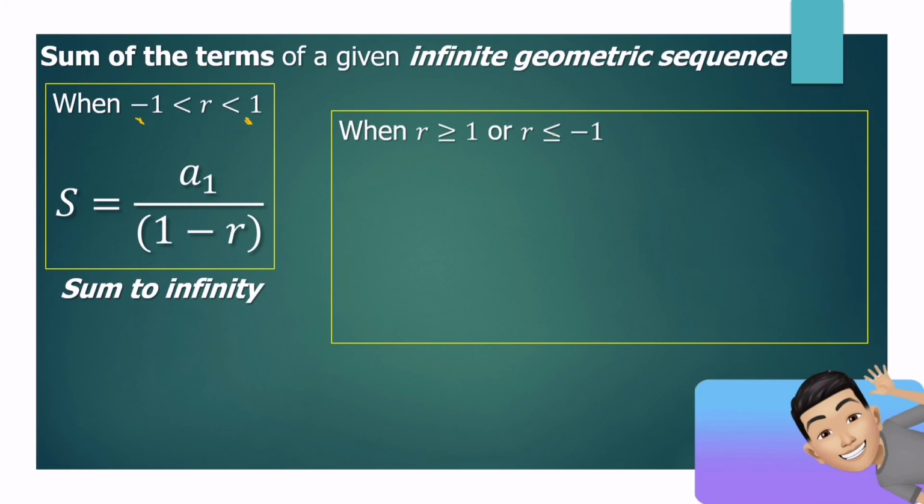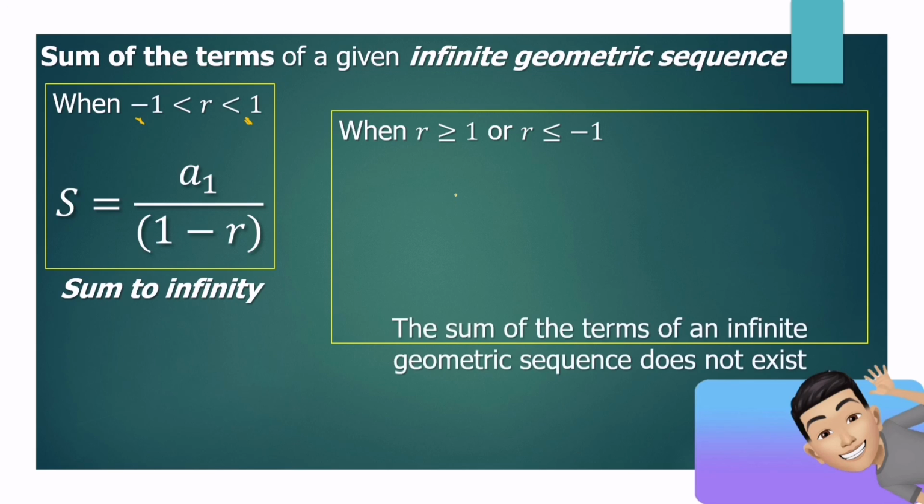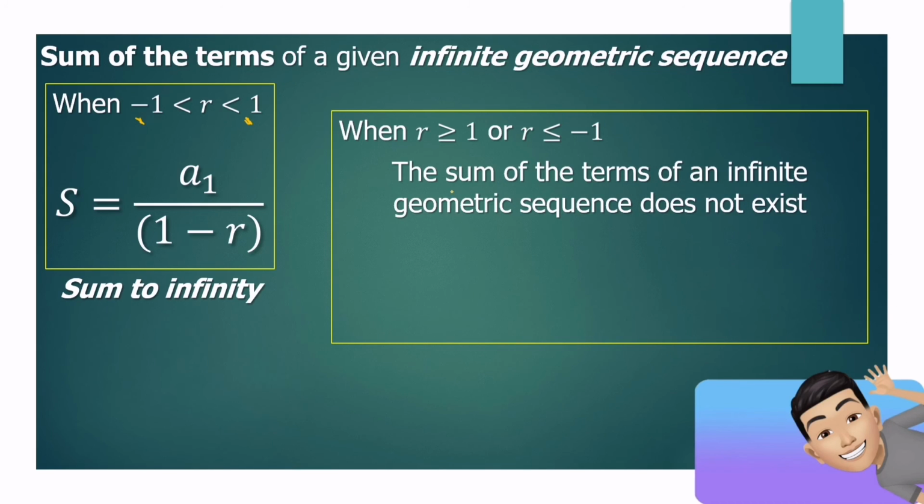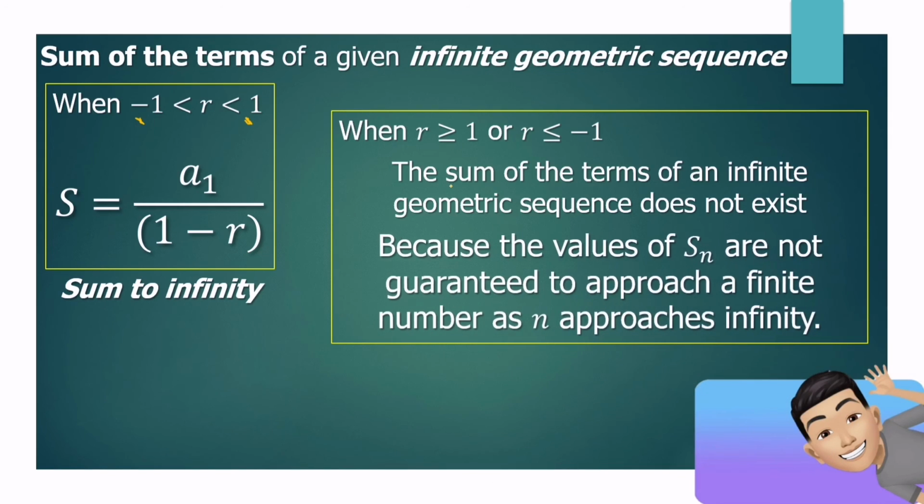And second case naman natin, when R is greater than or equals to 1, or R is less than or equals to negative 1, analyze natin, the sum of the terms of an infinite geometric sequence does not exist. Why? Because the values of S sub n are not guaranteed to approach a finite number as n approaches to infinity. Kung i-imagine niyo kasi, halimbawa R is greater than 1, tapos yung ating first term halimbawa ay 2.